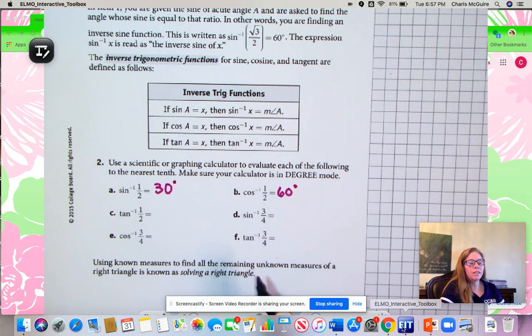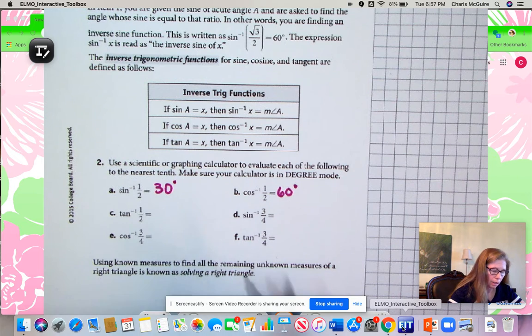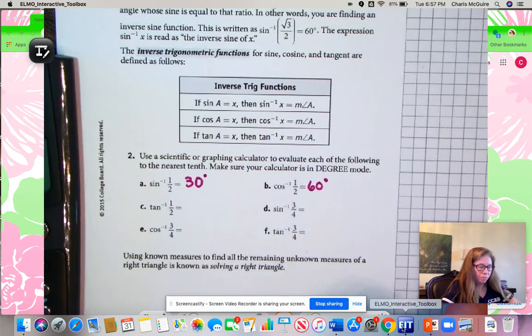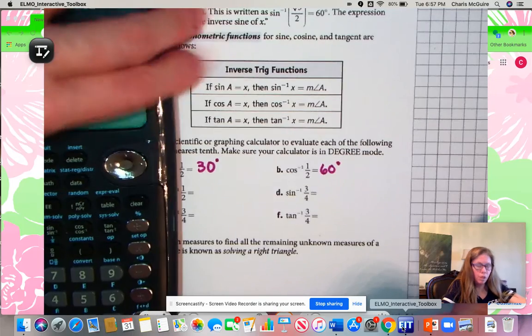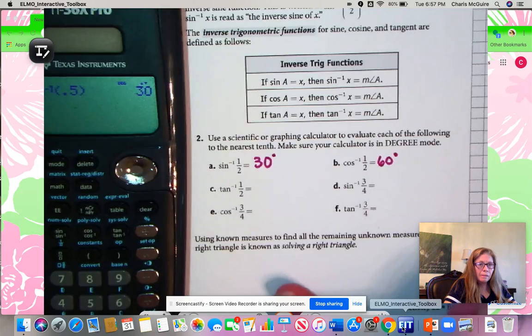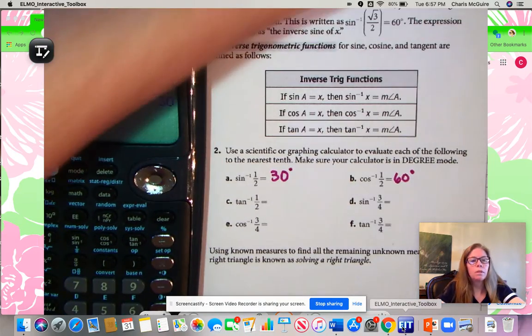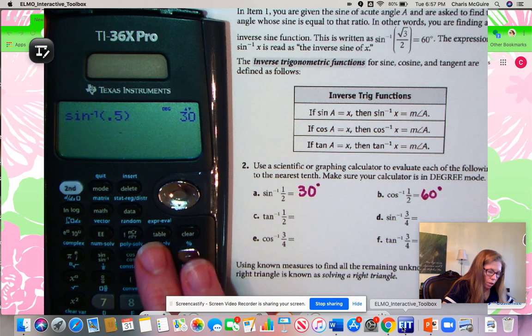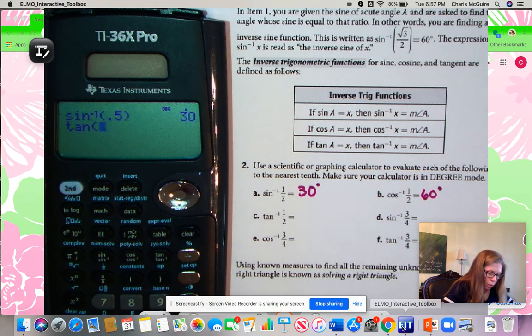Okay, so the rest of them, we're going to grab our calculator and work on them. So we'll do tangent of 1/2. I'm going to do one more and I'll let you finish off the rest of them. We're going to do inverse tan, and this time I'll do it as 1 divided by 2 so you can see that it works the same way.